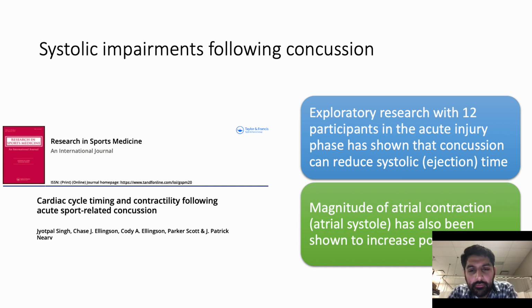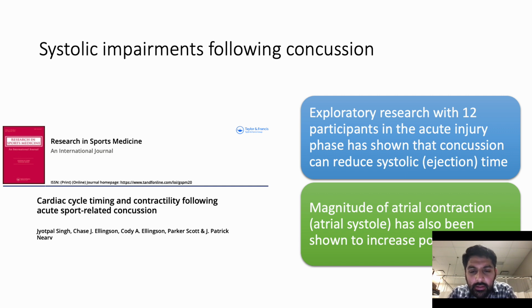And what we were able to show is that when somebody gets a concussion, the amount of time that their heart squeezes for in order to get blood out is drastically reduced compared to when they're at a healthy state. So your heart or your ventricle is under a ton of stress, and the amount of stress causes that twisting or contraction of the heart to occur at a much smaller time period than before, when the individual was healthy.